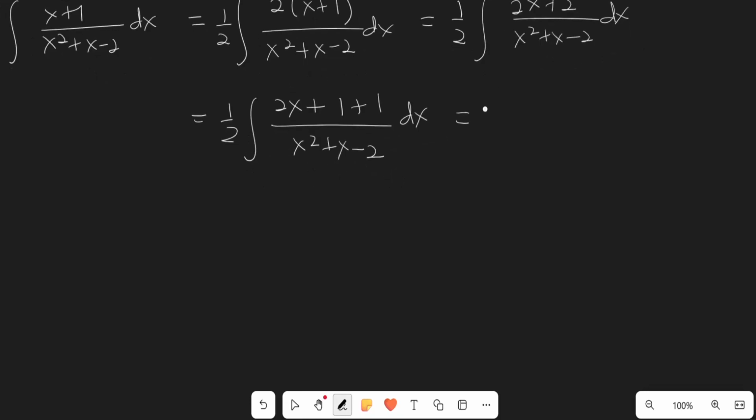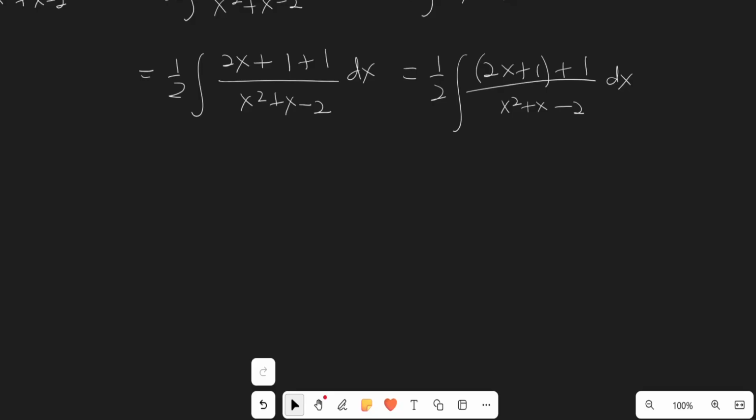And this one can be simplified as so. You can group the first two, 2x plus 1 aside, all over x squared plus x minus 2 dx.